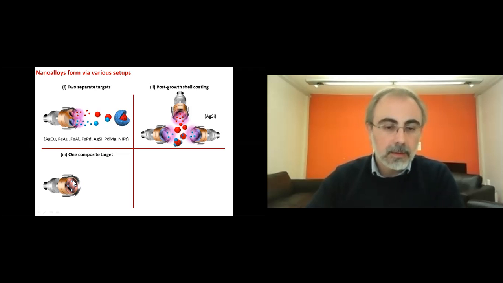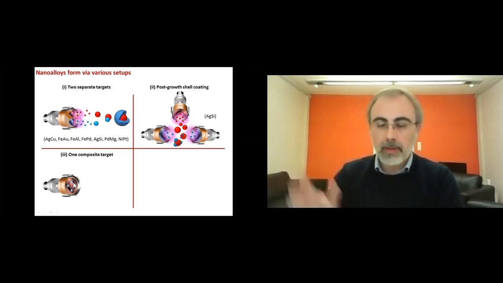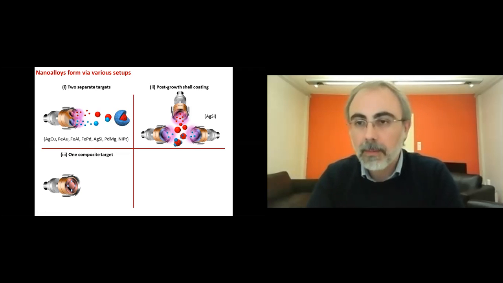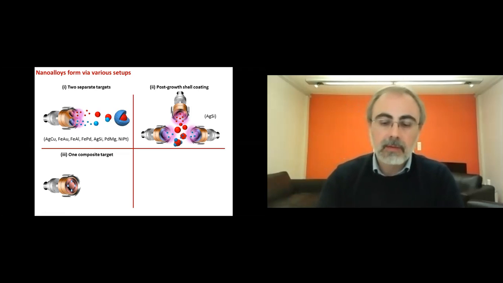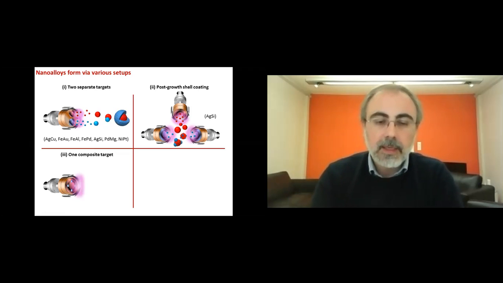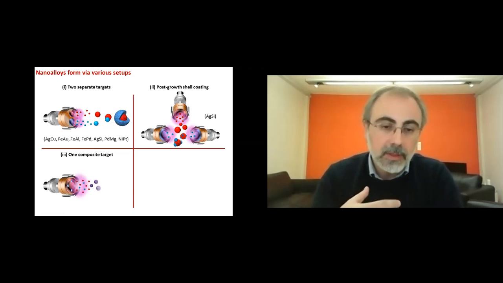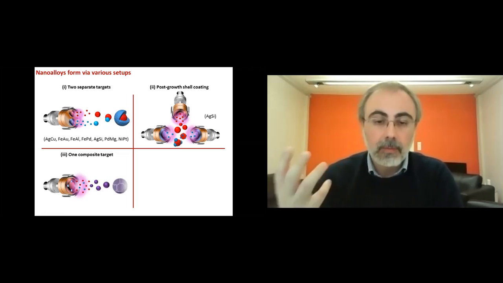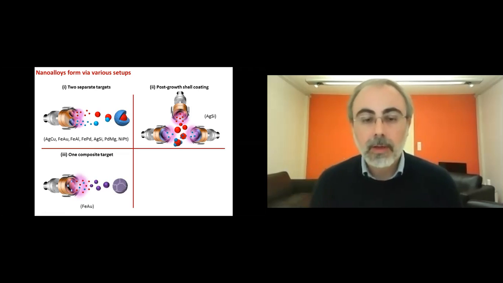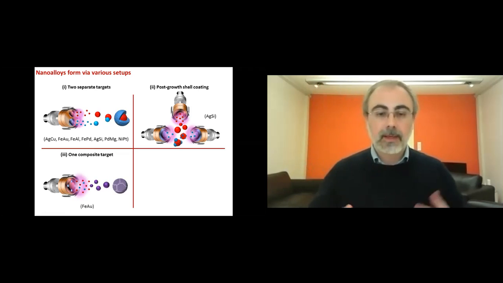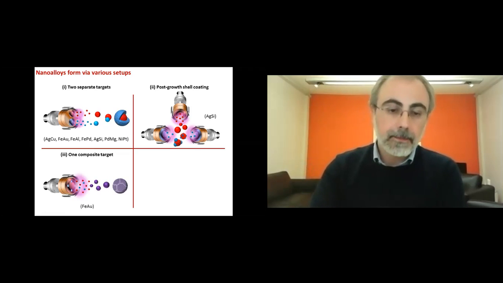And if you introduce pellets of another material exactly at this place where the racetrack is supposed to happen, then you can have a composite target. And in this case, you sputter the two elements simultaneously from the same target in the same environment, and therefore the probability of reaching a nanoalloy, a non-segregated phase, is higher.